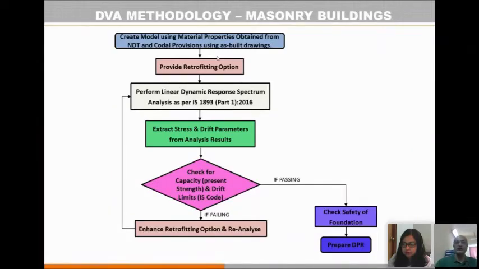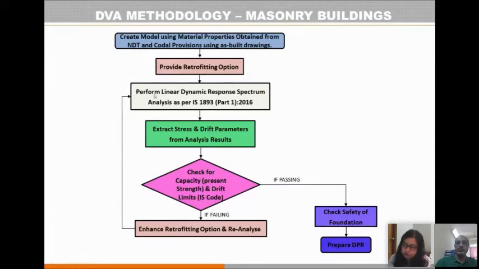So what is the methodology to be adopted for detailed vulnerability assessment for masonry buildings? Once you arrive at the building being deficient, you need to incorporate the appropriate retrofitting measure to the deficient members. Then it is again a judgment of a structural engineer based on the technological options available at that particular site, skills available, and the problems posed to you.